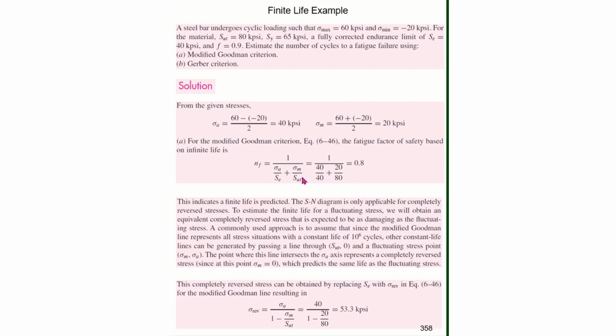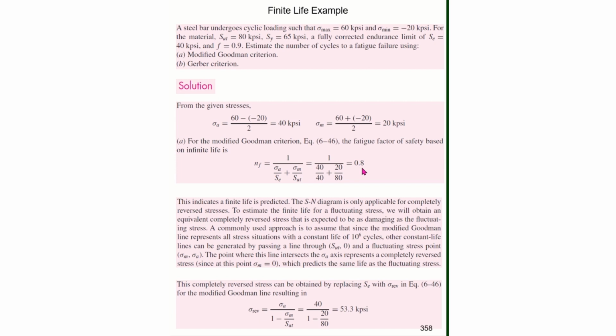Plugging these values into the Goodman equation and solving for the safety factor, we can see that our safety factor turns out to be less than 0.8, or less than 1, which indicates that this part will not live for an infinite life. It will not have 10 to the 6th cycles, but it will fail before that.